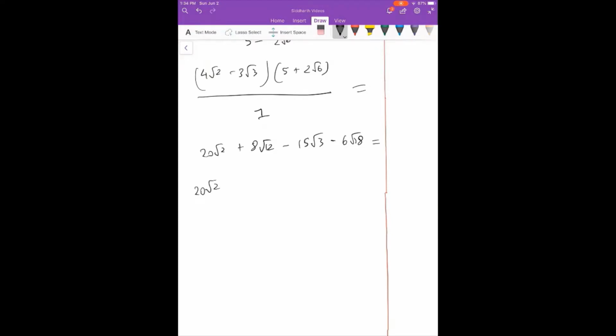Simplifying, 8 root 12 is the same as 8 into 2 into root 3, so this is 16 root 3, and 6 root 18 is the same as 6 into 3 into root 2, so this is 18 root 2. Combining the like terms, we get 2 root 2 plus root 3. And this is our answer, where a is equal to 2 and b is equal to 1.